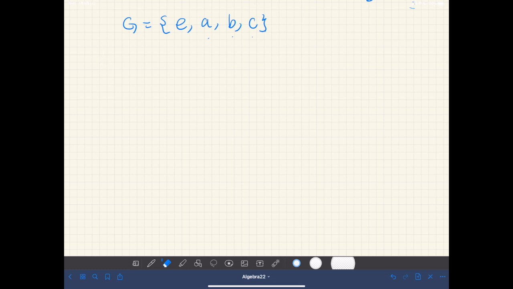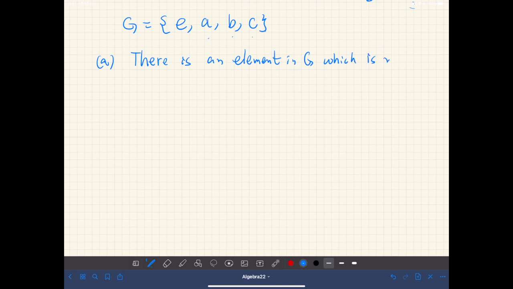The first one is the case where there is an element in G which is not its own inverse.